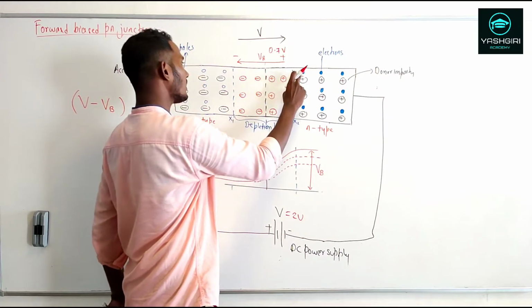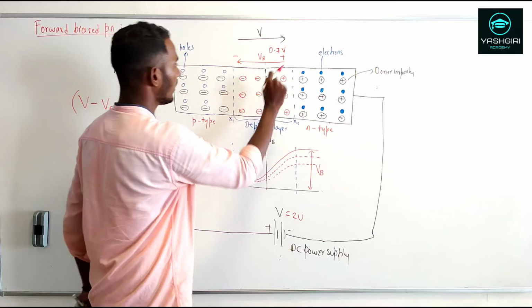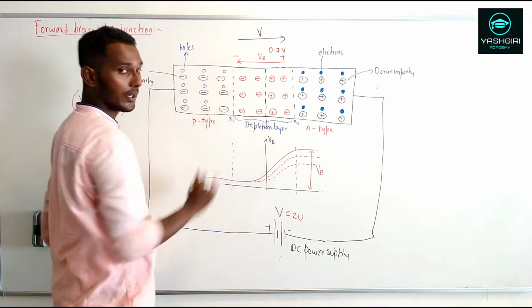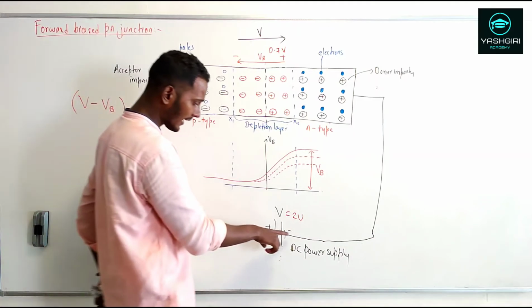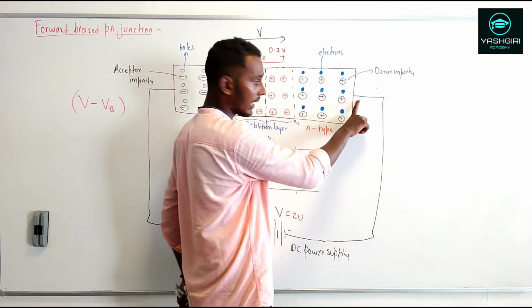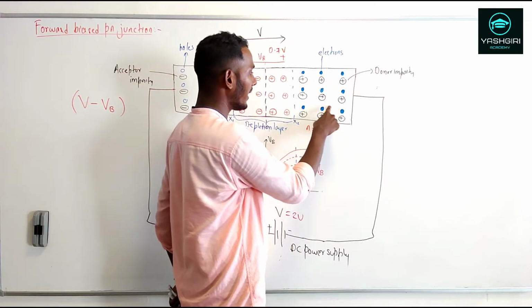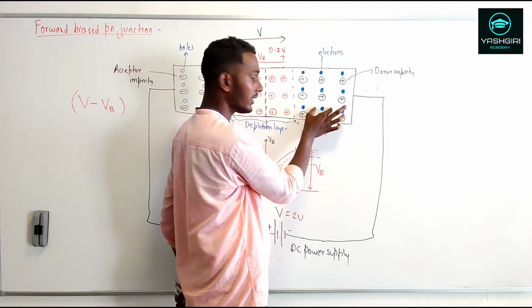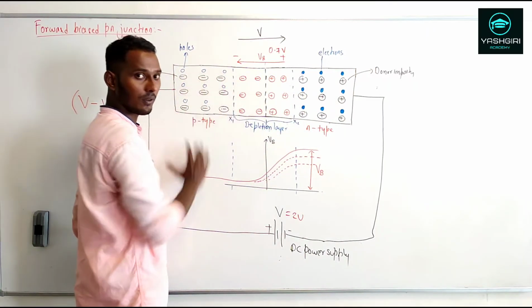When the charge carriers are in motion, you will get a very high current flowing in this diode. Or the other way to think about it: the negative terminal is connected to the n-type, so it will repel these electrons, and the electrons gain some energy and cross this junction, so again there is a flow of charge carriers.